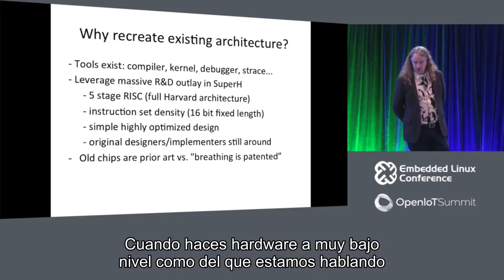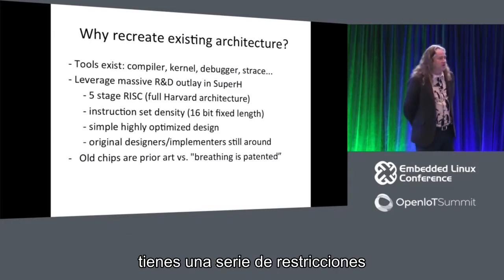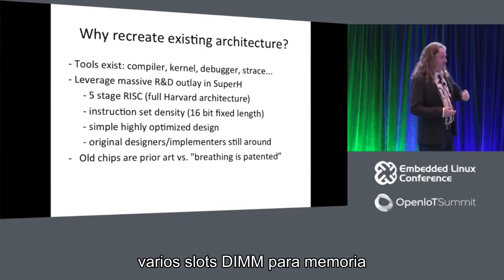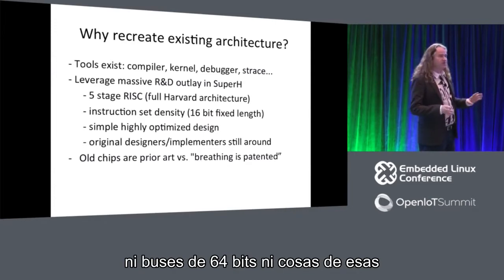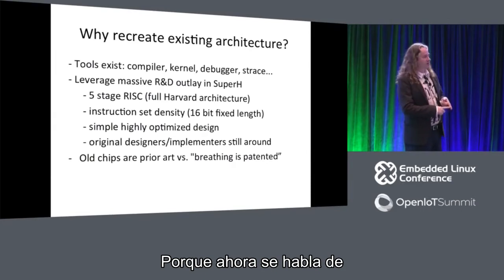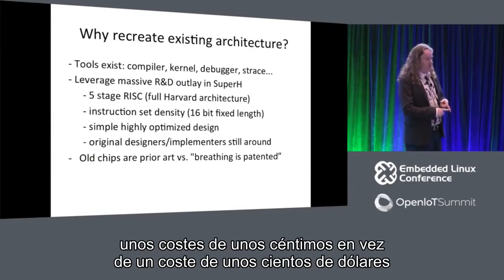When you do very low-level hardware, like what we're talking about, you have a certain set of constraints that you want. So we're not talking about a system that has multiple DIMMs for memory in it and 64-bit wide buses and all that stuff. You want a single DRAM chip because now you're talking about the cost of a few cents instead of the cost of a few $100s.